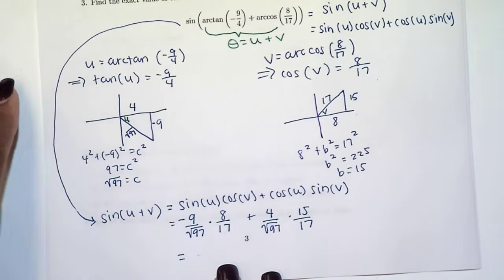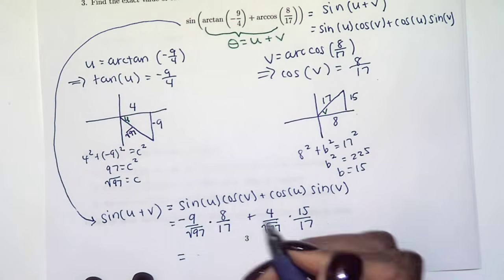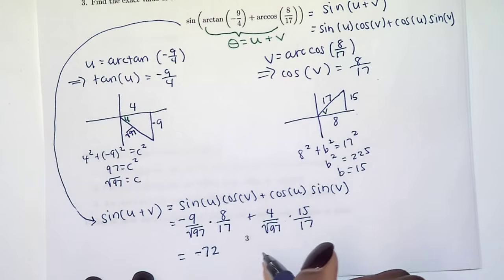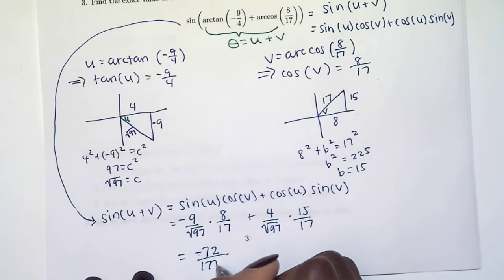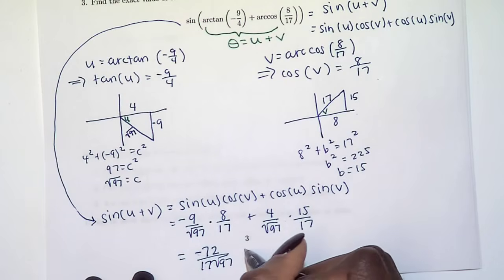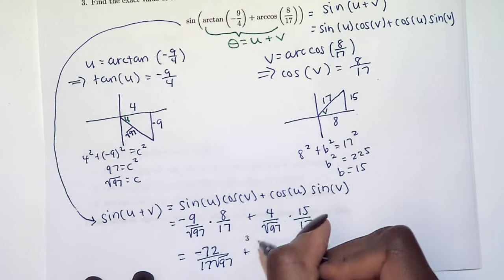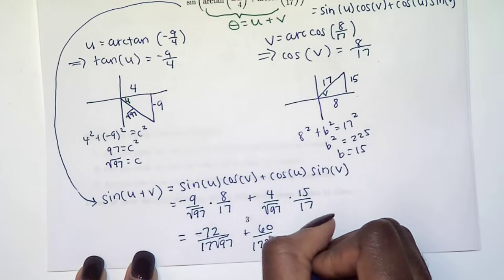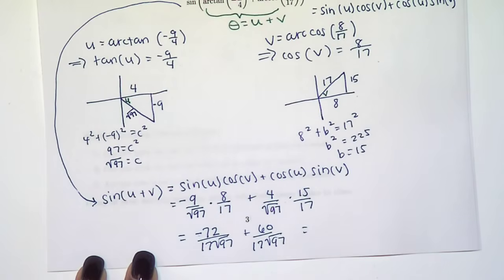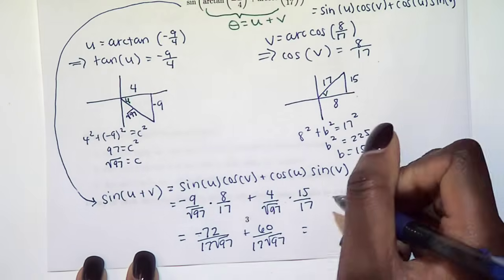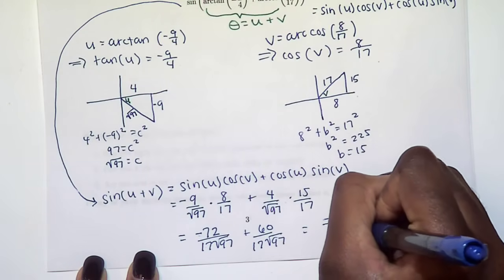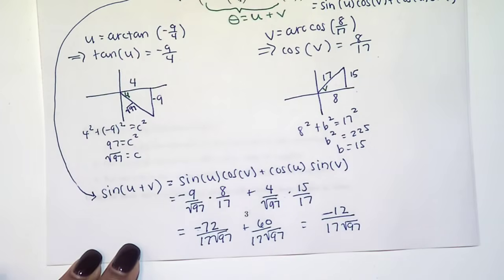Negative 9 times 8 is negative 72 over 17 root 97. 15 times 4 is 60 over 17 times root 97. And then negative 72 plus 60 is negative 12 over 17 times root 97, which is the final answer.